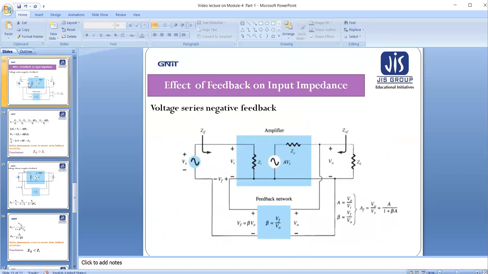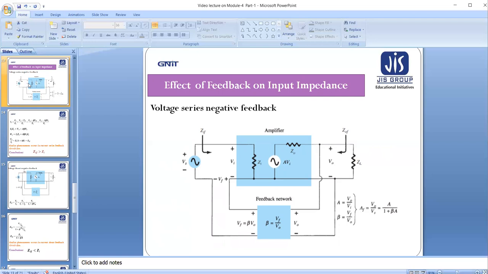Now we will study the effect of feedback on input impedance, because when we are designing any transistor amplifier, four parameters are very important. One is input impedance, second is output impedance, third is voltage gain, fourth is current gain.